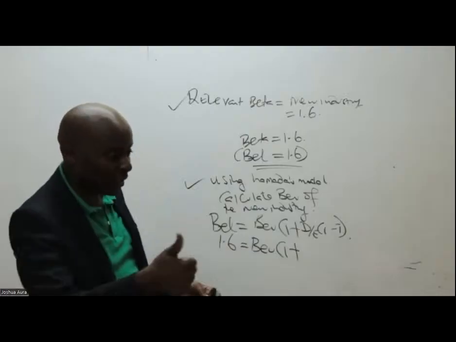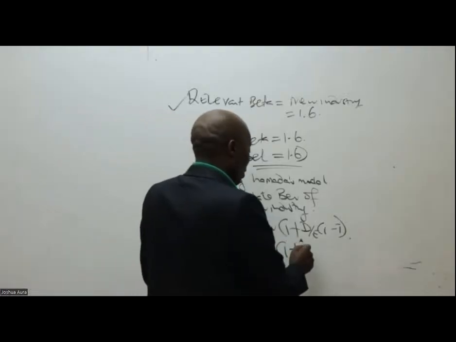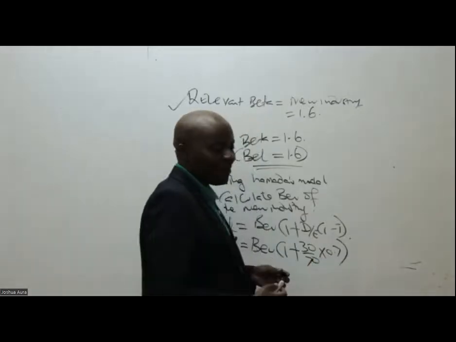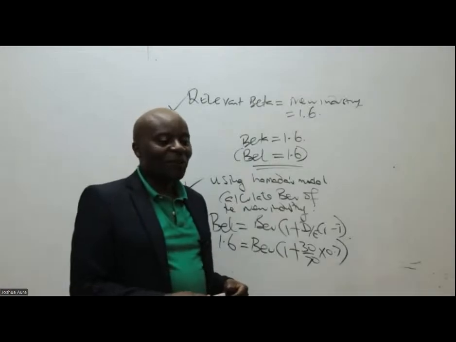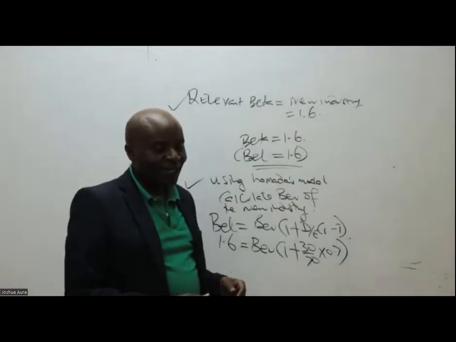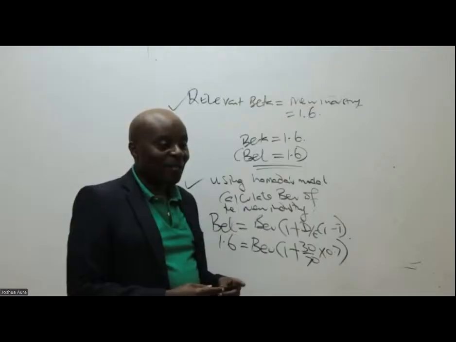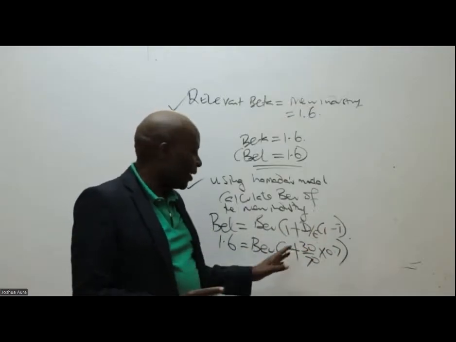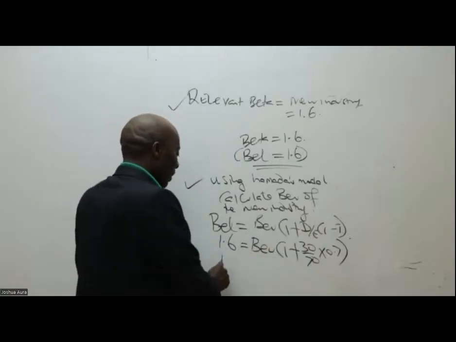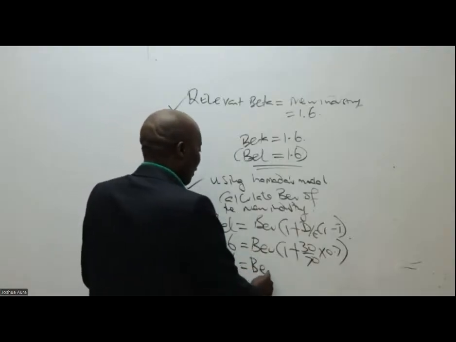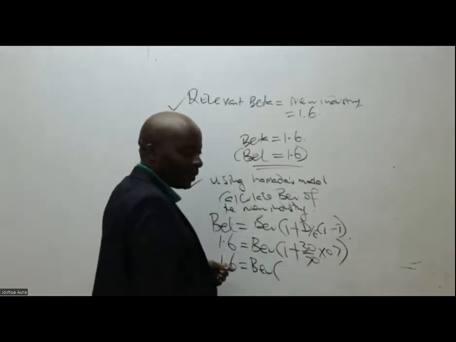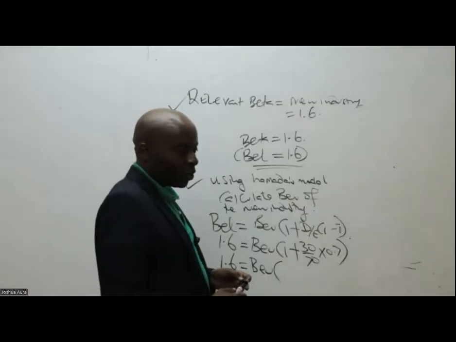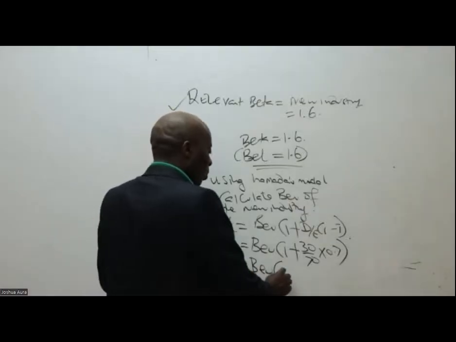So 30 over 70 into 1 minus tax, which is 30%, so 0.7. Could you kindly give me the figure that we have here? It is 1.3.